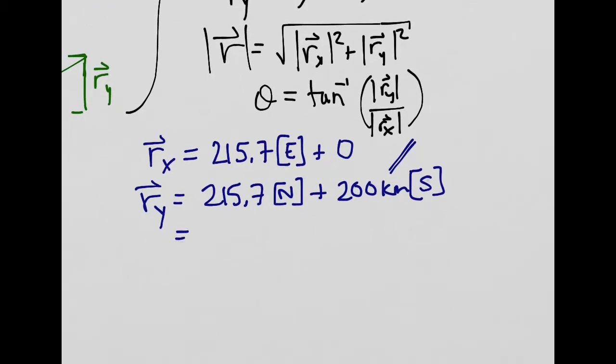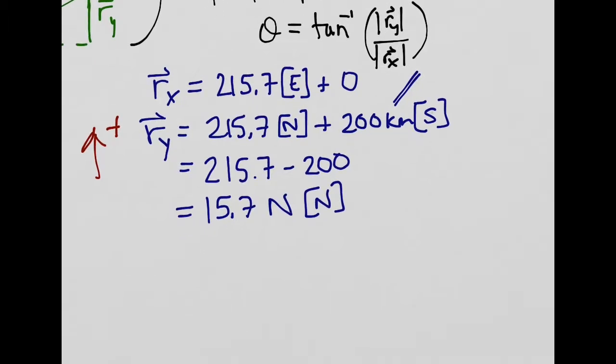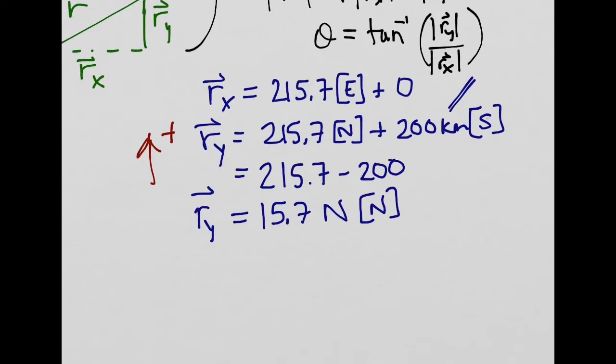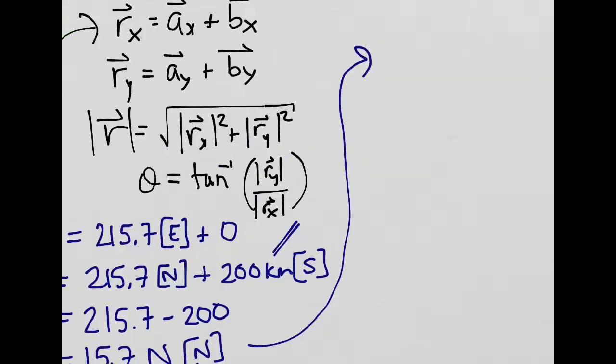So we have to figure out which way we want to go, positive or negative. We'll say north is positive, because in this case it's bigger. So the y component of my R vector is just going to be 15.7 north.